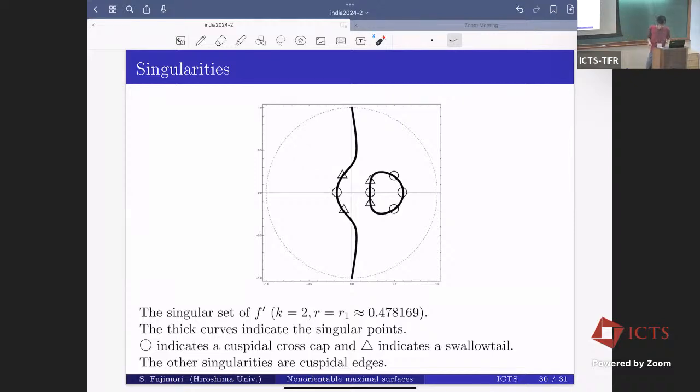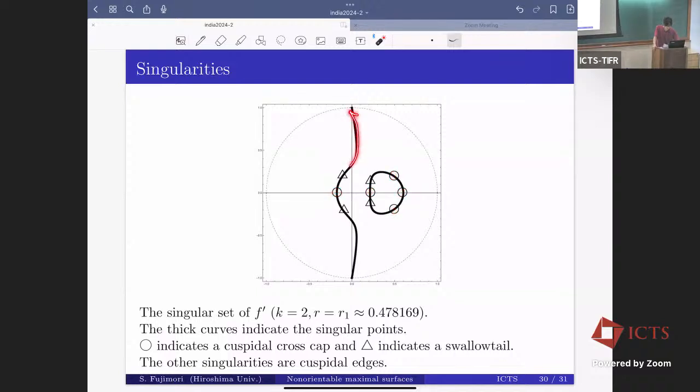Since this is non-orientable, we only need to consider the inside of the unit disk for each copy. On each copy, we have this singular set, two components. By numerical computation, this triangle indicates a swallowtail, so we have 4 swallowtails here. And this circle indicates a cuspidal cross cap, so we have 5 cuspidal cross caps.